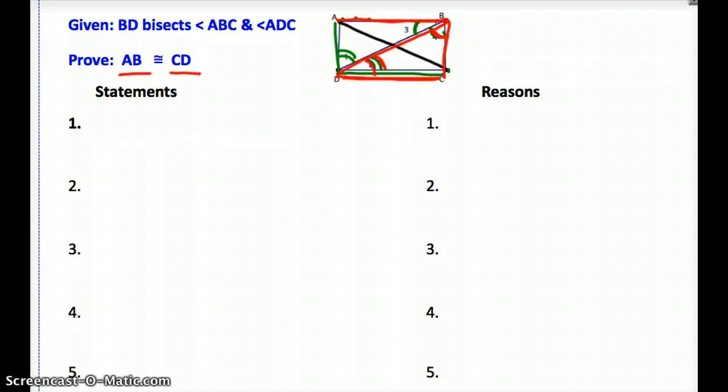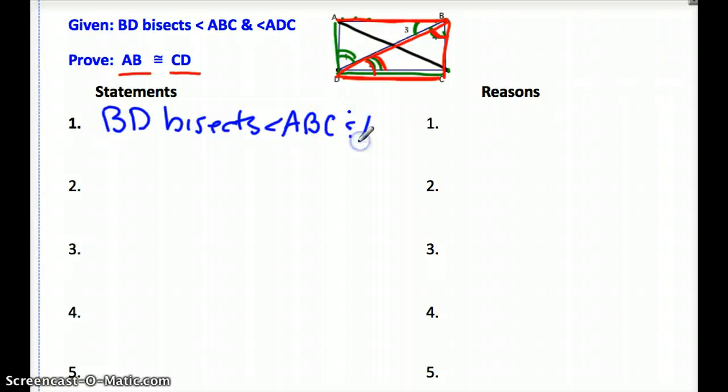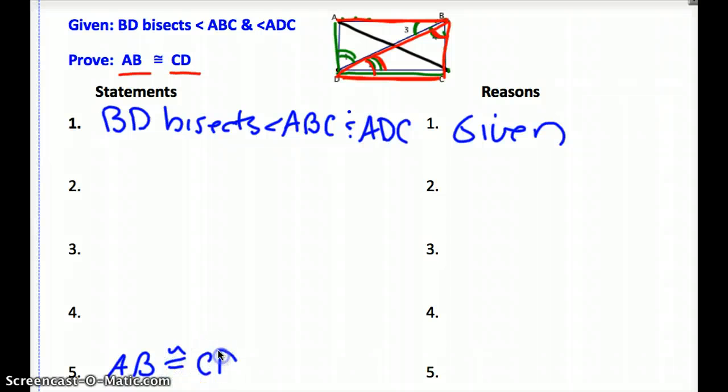All right, so let's start. Go ahead and write your given down. I'm going to go all the way down to number 5 and write my proof. If I'm going to talk about parts of triangles congruent, then I first need to show that the triangles are congruent so that I can say the parts of the triangle are congruent.